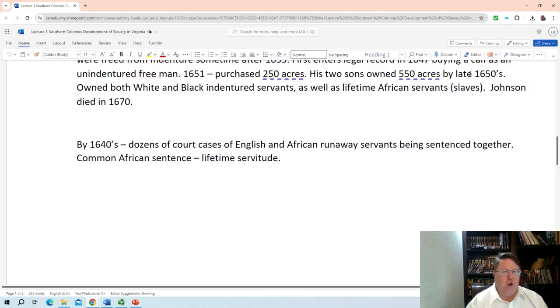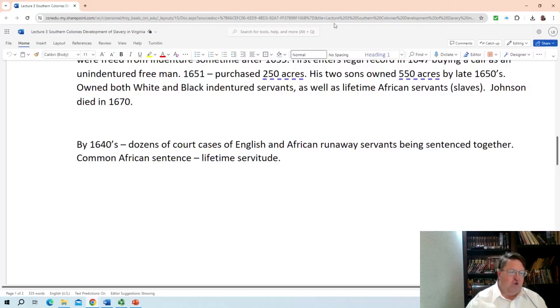The fact that judges are sentencing Africans to lifetime servitude for their crimes tells you that in the culture there is some ambiguity. An African person is not considered automatically a slave. If they were, a judge wouldn't be sentencing them to lifetime servitude. They already would be. He'd be sentencing them to something else, like whipping or cutting off their foot or whatever.